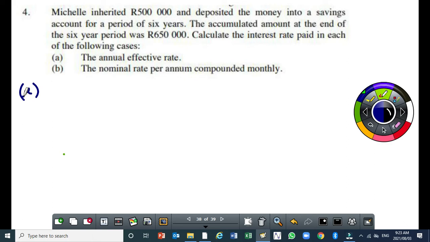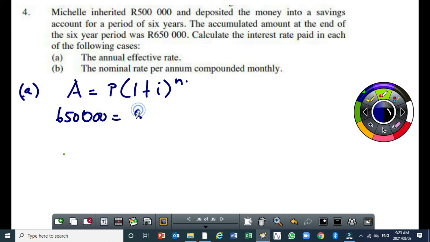Therefore, we can just use the compound interest formula. Remember, the compound interest formula is A equals P, 1 plus i raised to the power of n. Where there is A, we put 650,000. Where there is P, we put 500,000.